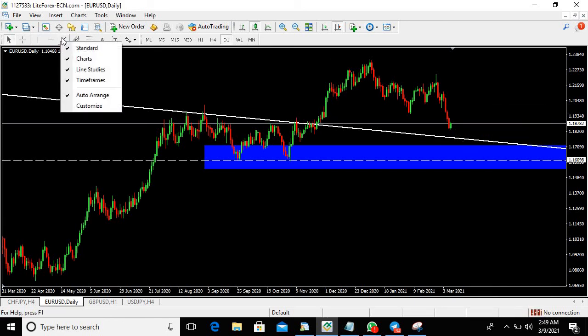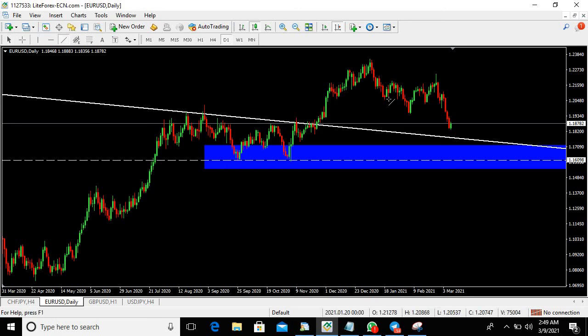As you remember, in the weekly and monthly time frames, we have seen the market has already broken a trend line. So now we expect the market will do a reversal, will make something like this, then go.